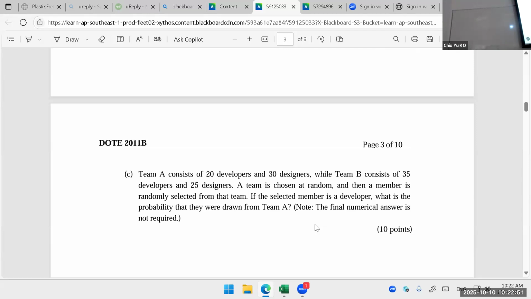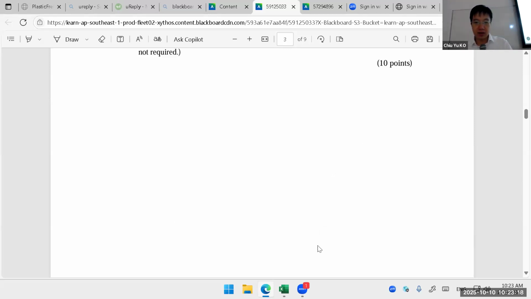You choose a team and choose a member. If it's a developer, where does it come from? You can see it should be more likely to come from B than A. But you have to tell me the calculation. You don't have to calculate the answer, but I need to see the formula to get it, then you're done. So if you forget your calculator, you still get full credit for everything, so you don't have to worry too much about the calculator thing.